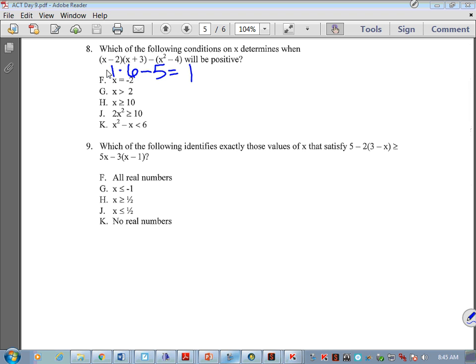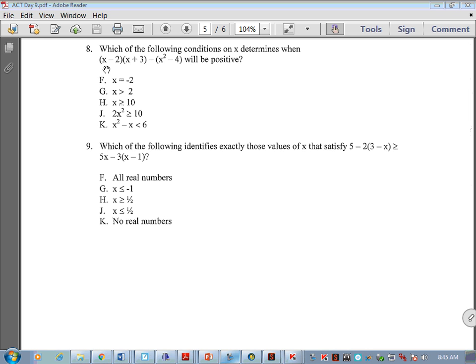What's the square root of 5? 2.23. Right? Well, we already know we could probably try that. So 2.23, but let's just try 2, for instance, okay? 2 minus 2 is 0. 2 plus 3 is 5, so 0 times 5 is 0, right?